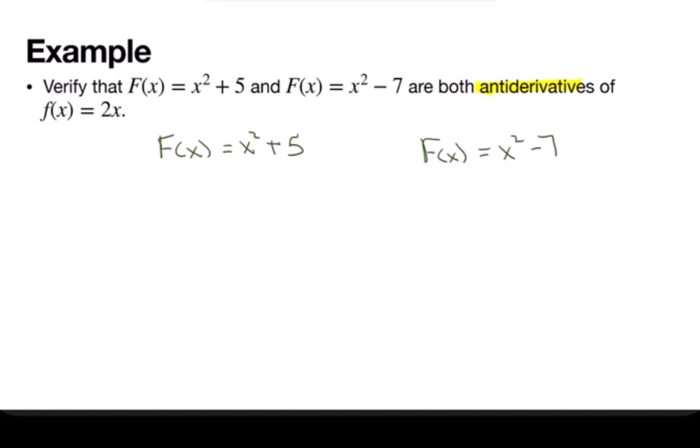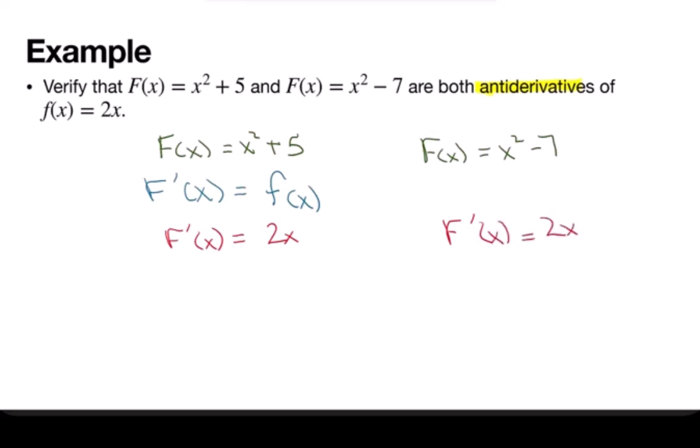If we go back to what we just were learning, it says that the derivative of capital F of x is equal to small f of x. And the derivative of capital F of x is 2x. The same thing is true here. The derivative of capital F of x is 2x because both of those constants are going to disappear.